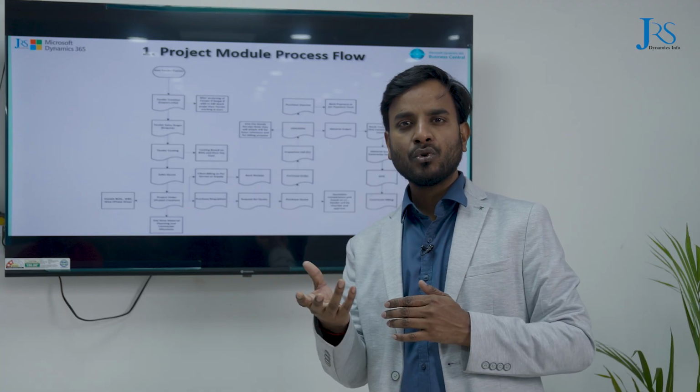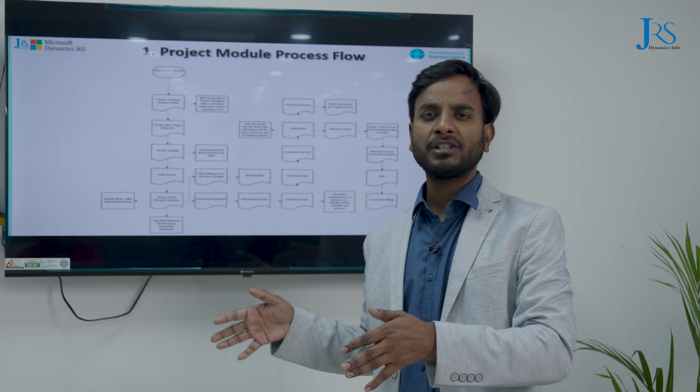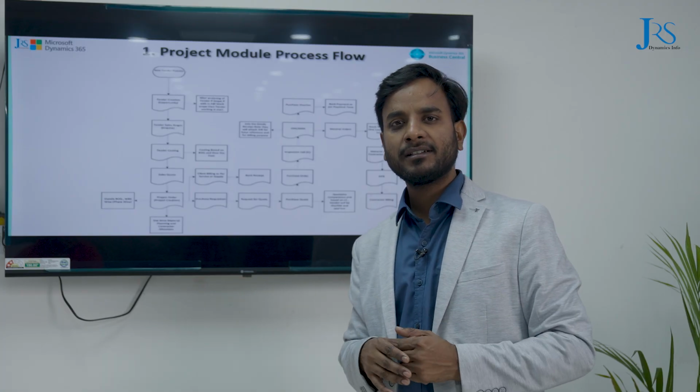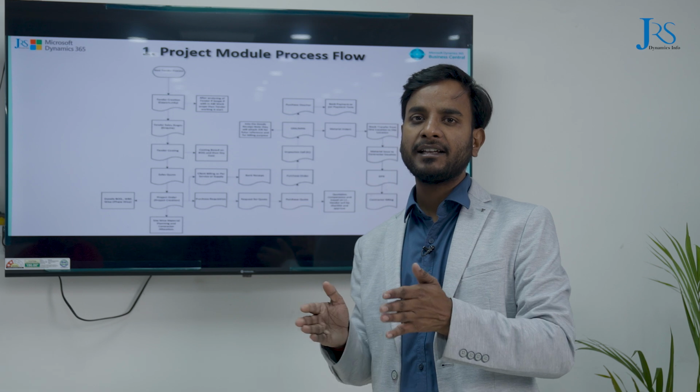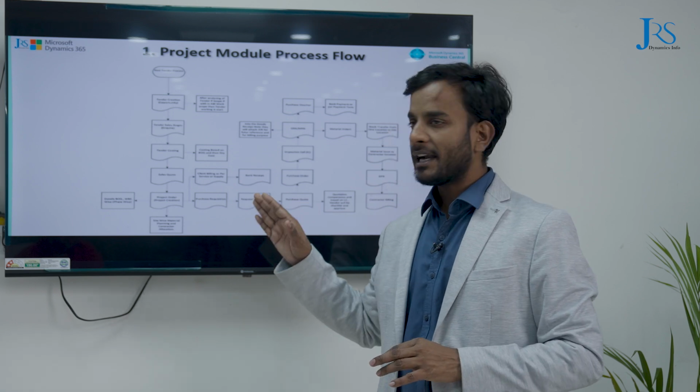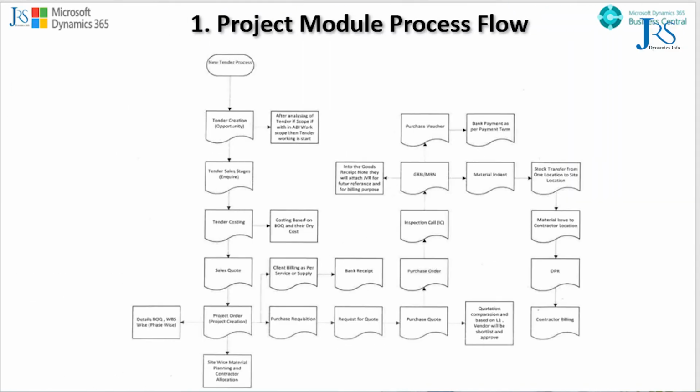If our resource, consultant, sales executive or tender executive needs to perform stage-related tasks for stages X, Y, Z, they can also perform them within the system. So they can manage the tender stages.